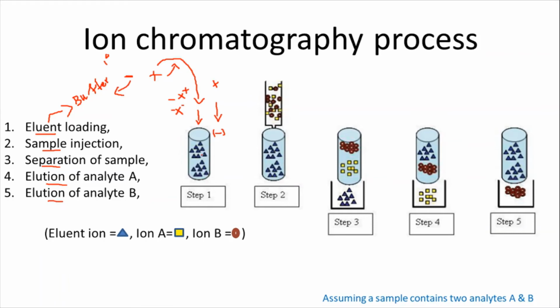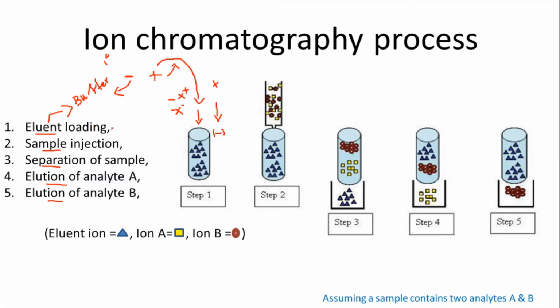This is mentioned here. This triangle is the eluent ion. The ions first bind. Once the ions are bound, the column is activated, otherwise called eluent loading is over.